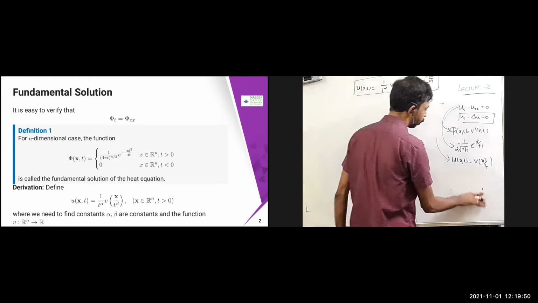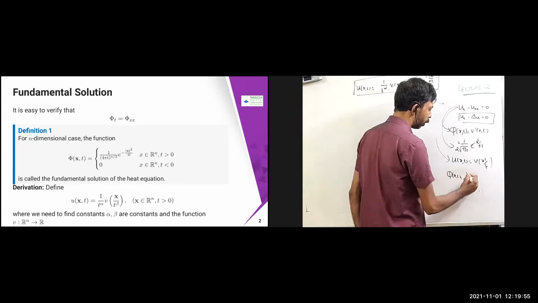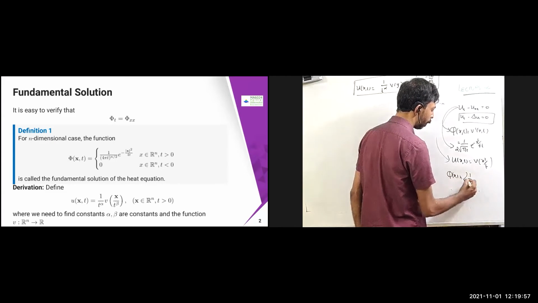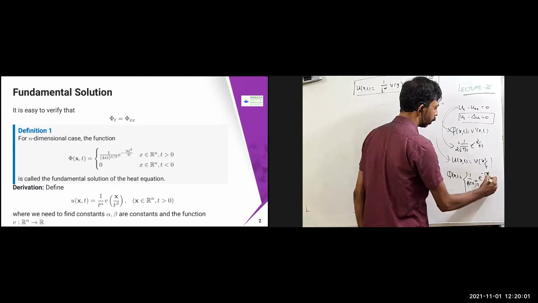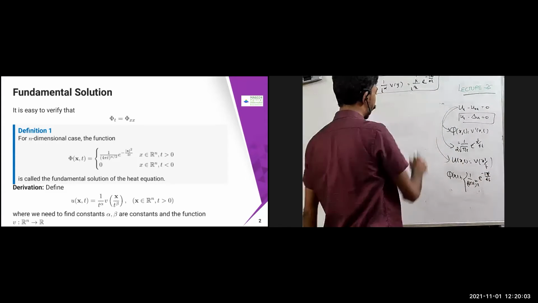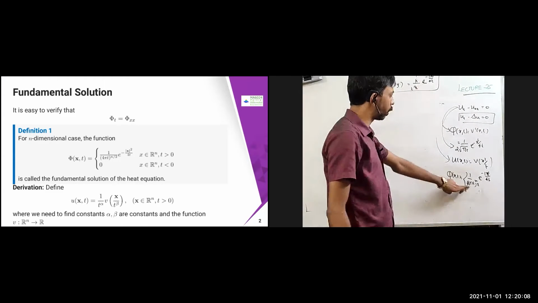Because the fundamental solution I have written this way: phi of x comma t is 1 by 4 pi t whole power n by 2 times e power minus x square by 4t. So this is the one I am going to derive. In order to make this happen, I have to choose my k in such a way that this is going to be there.